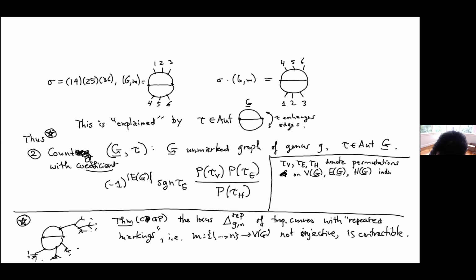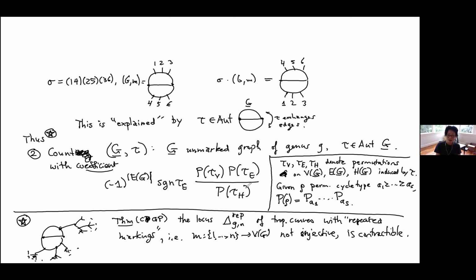And given any permutation rho of cycle type A1 up through AS, I'll just write P of rho to be the product of these inhomogeneous power sum symmetric functions. So that's what that means.